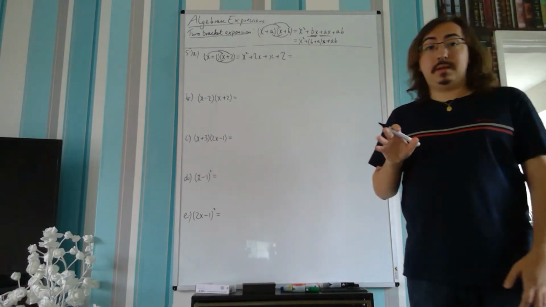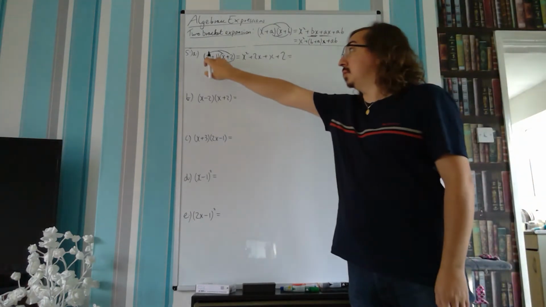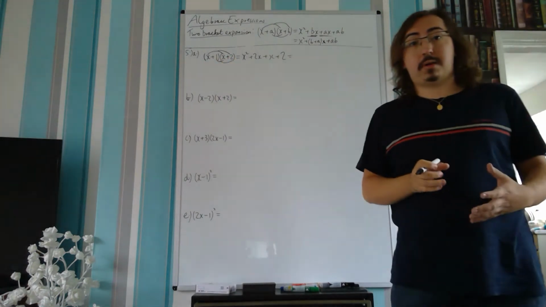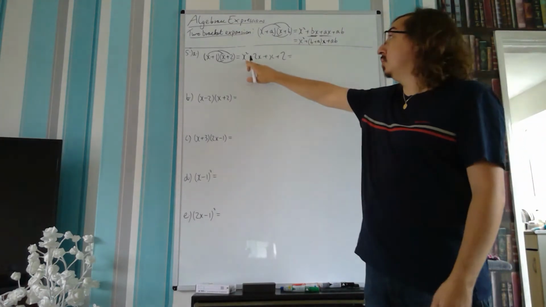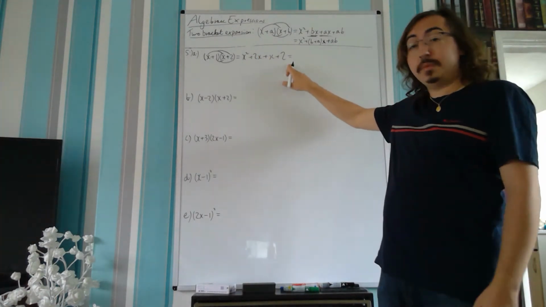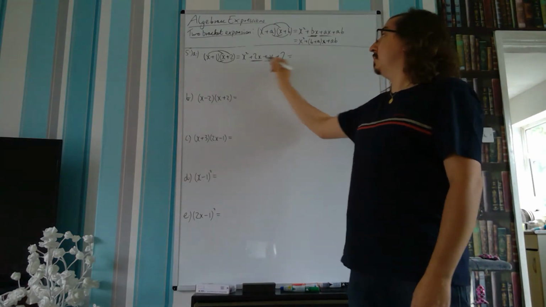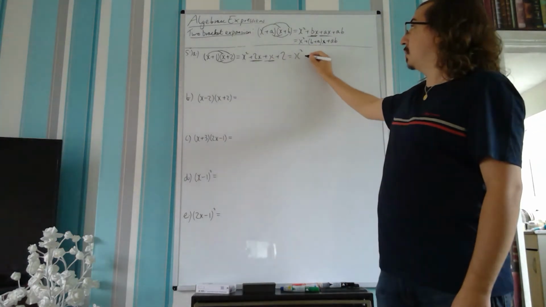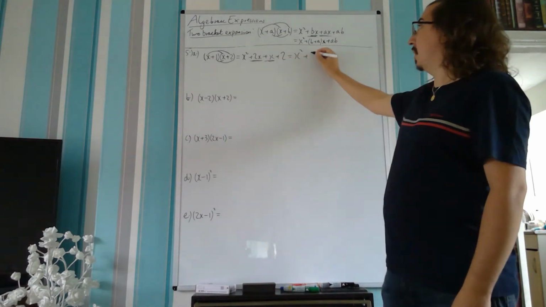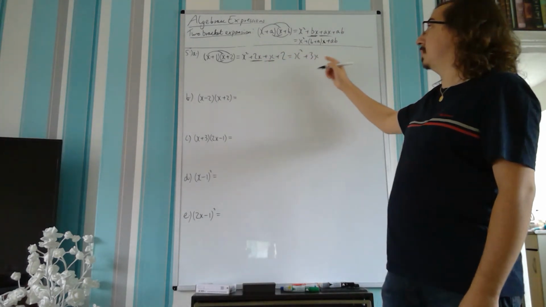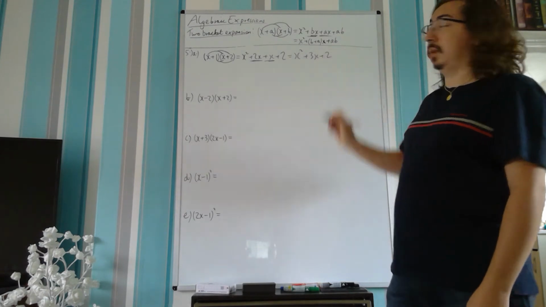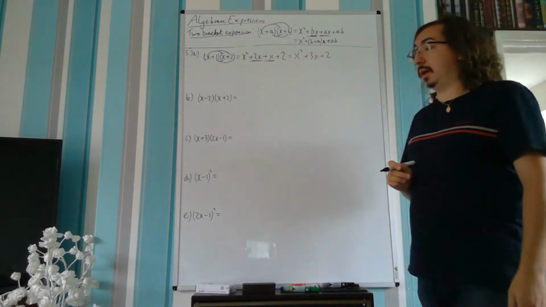So we've expanded it, and you should always expect if there's a 2-term bracket times a 2-term bracket, 2 times 2 is 4, so we should have 4 terms here, but then we can simplify them. If we collect our like terms, we can say we have x squared plus 2x and 3x, 2x and x becomes 3x, plus the 2 there, so we get x squared plus 3x plus 2.